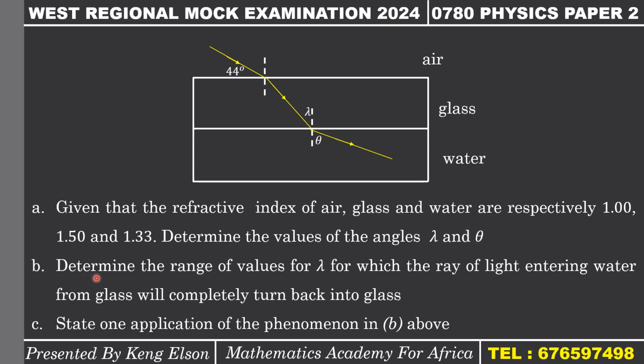Question B: determine the range of values for lambda for which the ray of light entering water from glass will completely turn back into glass. Question C: state one application of the phenomenon in B above.